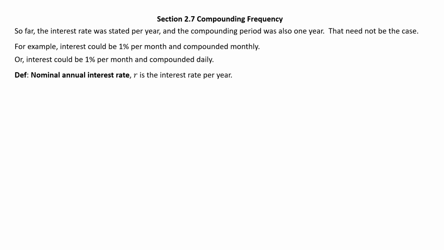Now, one important definition here, a couple of them are very important. Nominal annual interest rate, or R, is the interest rate per year. Absolutely, we need to know this one because you remember whenever you try to buy a car and you try to get a loan, the dealership will say, "Oh, our APR is 7%," right? APR, annual percentage rate, is the nominal annual interest rate.